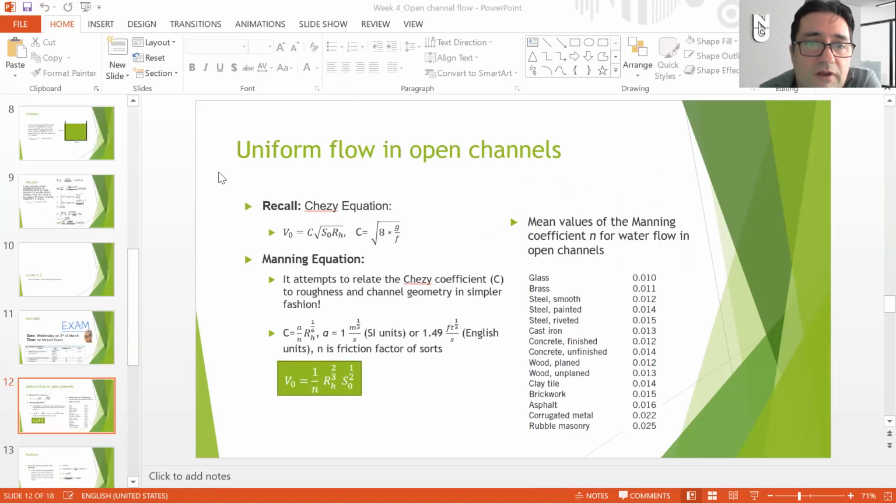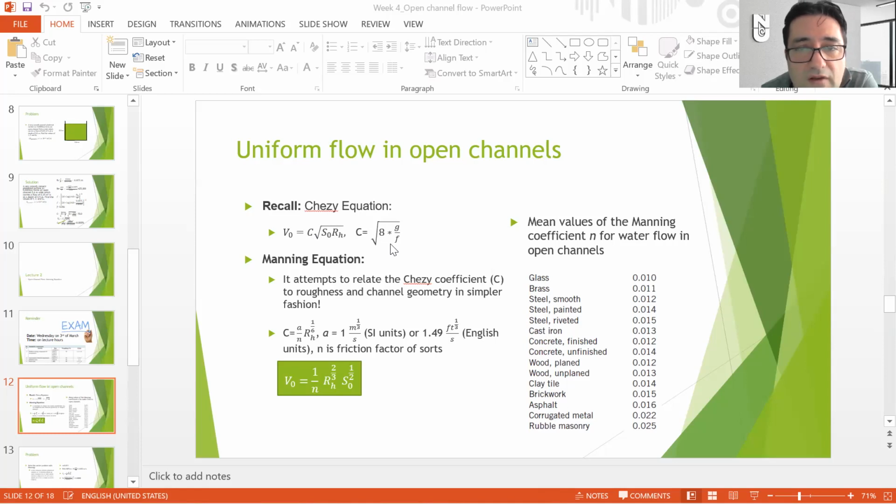Okay, so let's continue. As I told you, I just provided the Chezy equation for open channel flow. It is quite a simple equation, and there was a constant, the Chezy constant, capital C, which is a derivative of the friction factor.